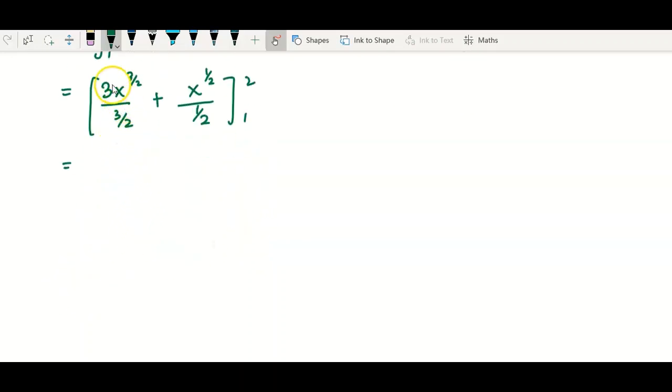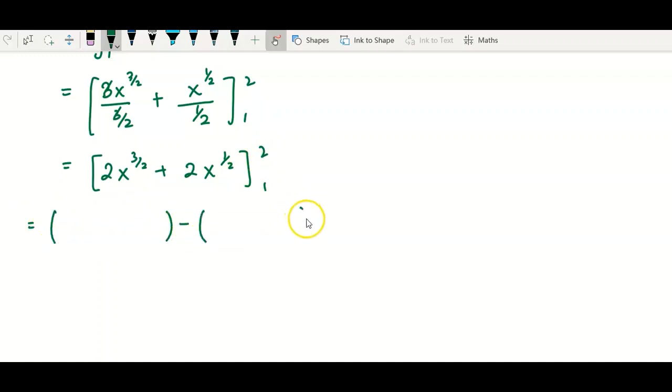After that, the 3 here I can cancel off, bring the 2 go up, it will have a 2x power of 3 over 2, and bring up the 2 for the second term, you have a 2x power of 1 over 2. Then now we need to substitute the upper limit, then the lower limit.